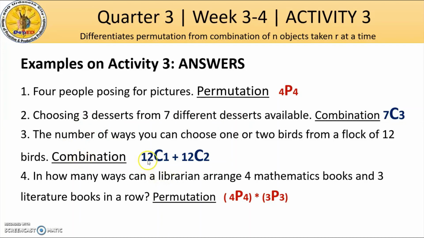This time, it is denoted by 12C1 plus 12C2, because it is stated that you can choose 1 or 2 birds. In number 4, we have permutation denoted by 4P4 multiplied by 3P3, because there are 4 mathematics books and there are 3 literature books.